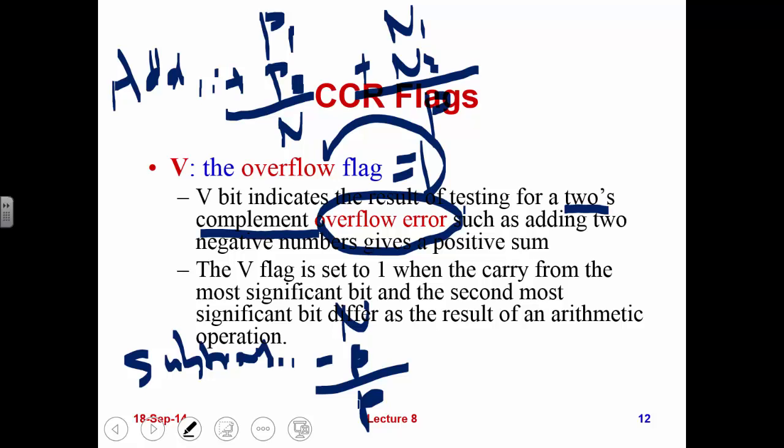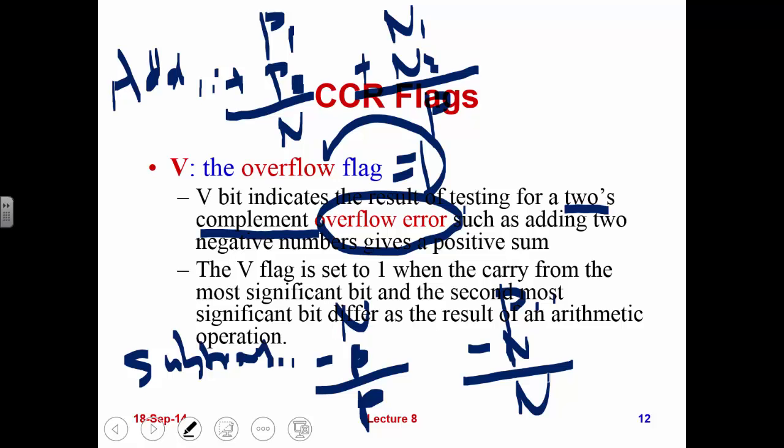Similarly, if you subtract a negative number from a positive number, the result should be positive. But if our result is negative, that may also cause overflow bit to 1.